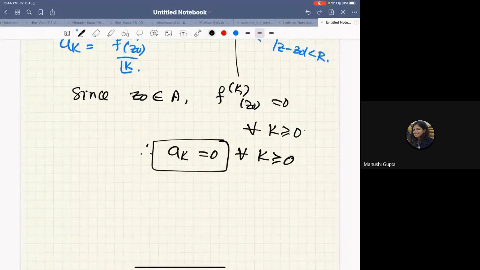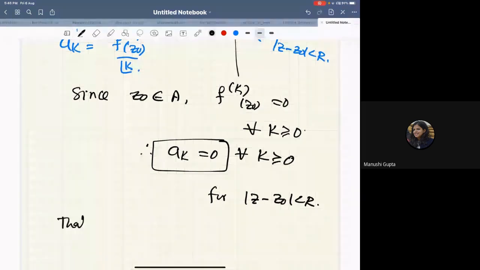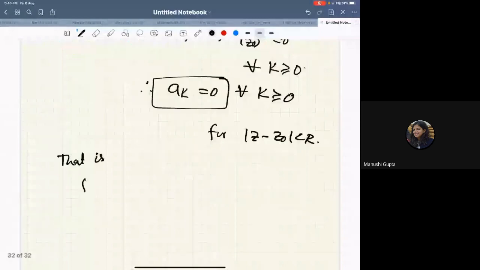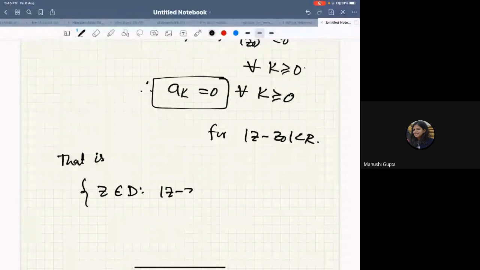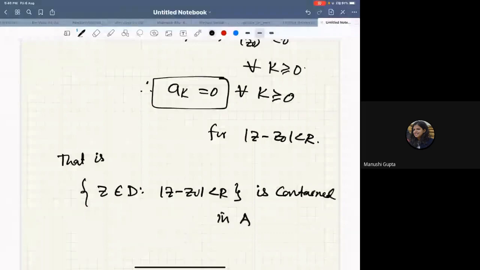This is happening for mod Z minus Z0 less than R. That is, the set of all elements in D such that mod Z minus Z0 less than R is contained in A. Therefore, A is open.